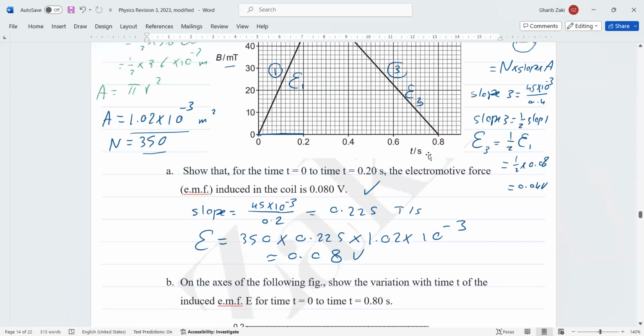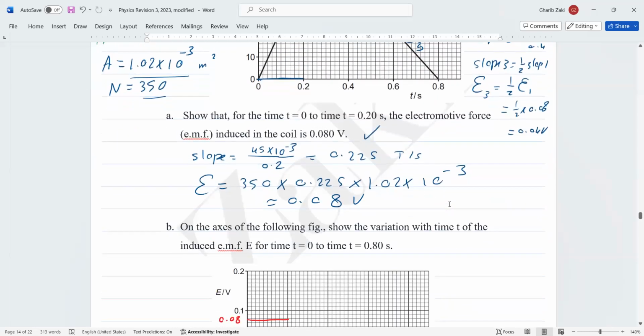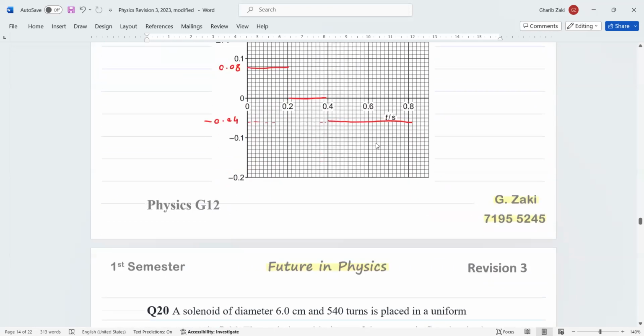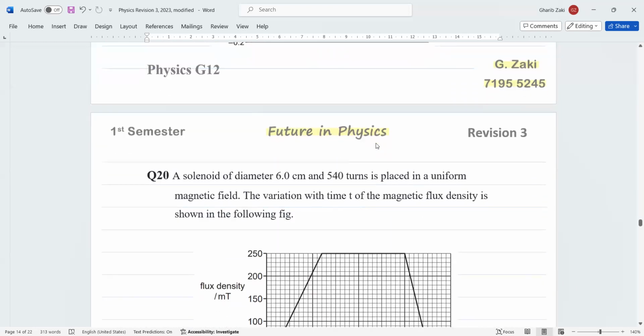Next, from 0.4 to 0.8, it is 0.04 in the opposite direction, exactly here at the middle, so this is negative 0.04. Okay, guys, do you understand now? Now we cover most of the ideas.